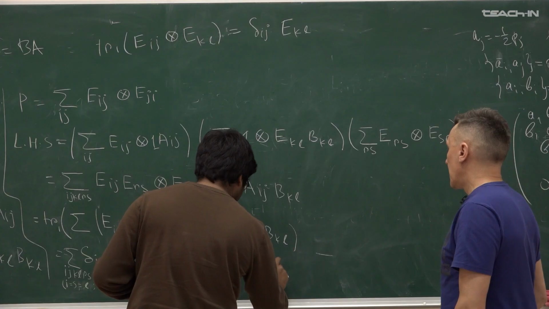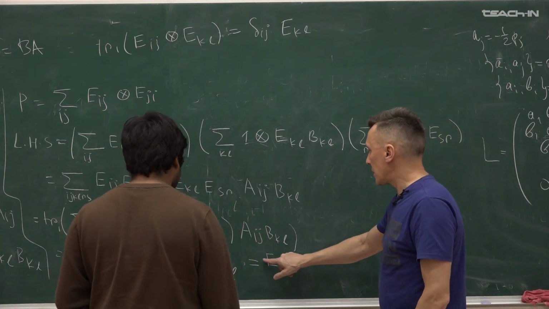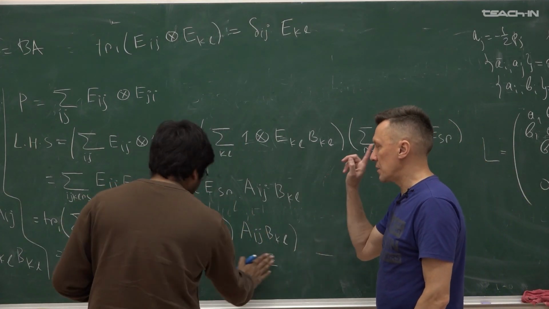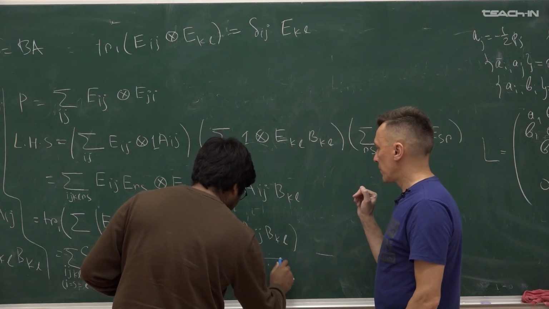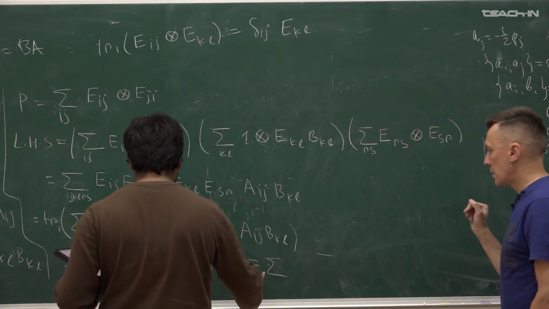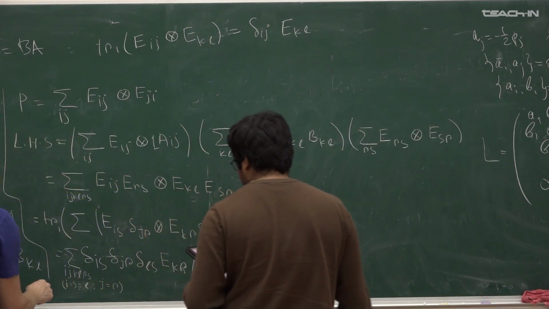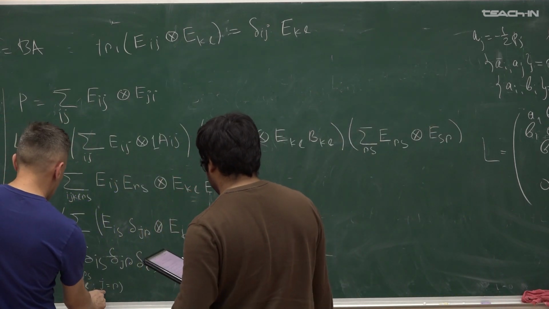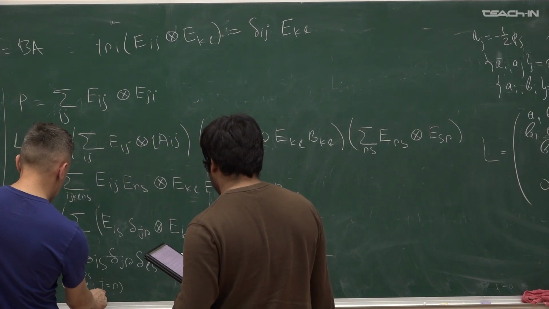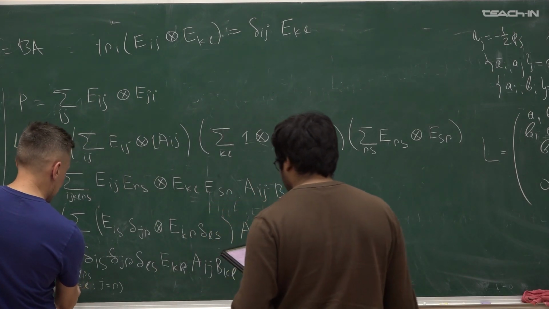So E. Could you write the sum over 3 indices? So let's keep it here. E_IJ, and what else? I suppose K.